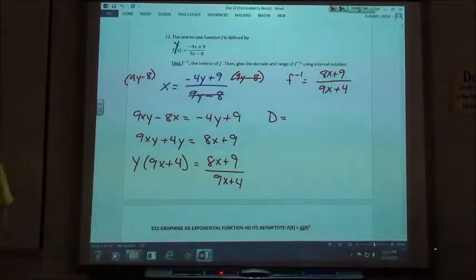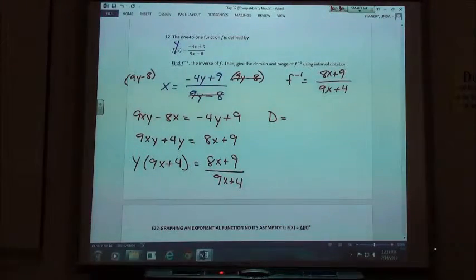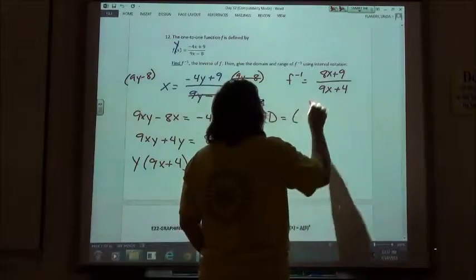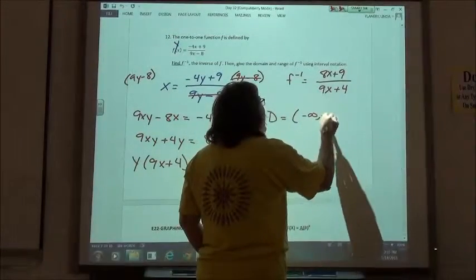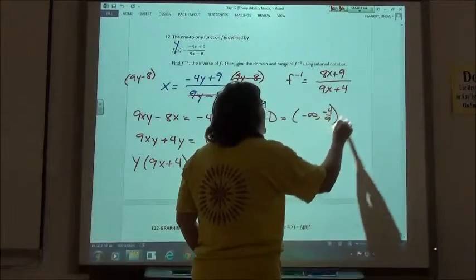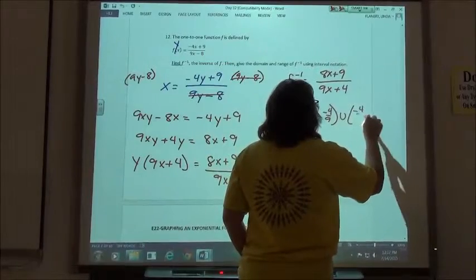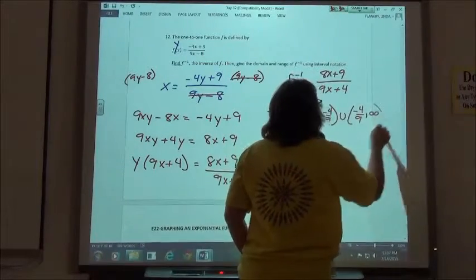The domain of your inverse function would be negative 4 ninths is what I can't have. So negative infinity to negative 4 ninths, and then negative 4 ninths to positive infinity.